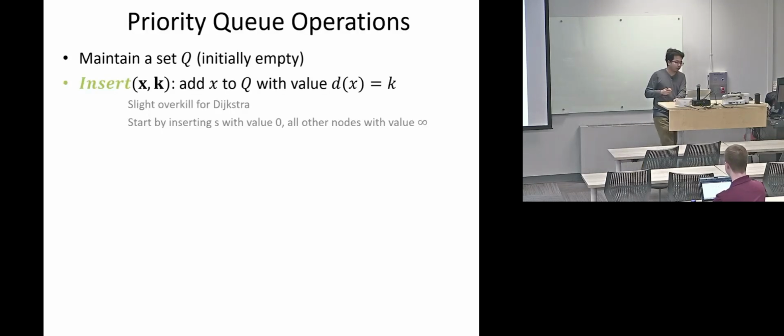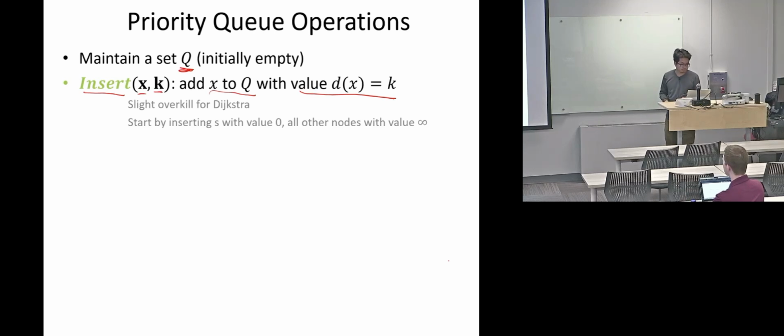With a priority queue, you basically maintain a set. The first function you can access is insert: to insert x with key k into the queue, so add x to the queue with value of x equal to k.